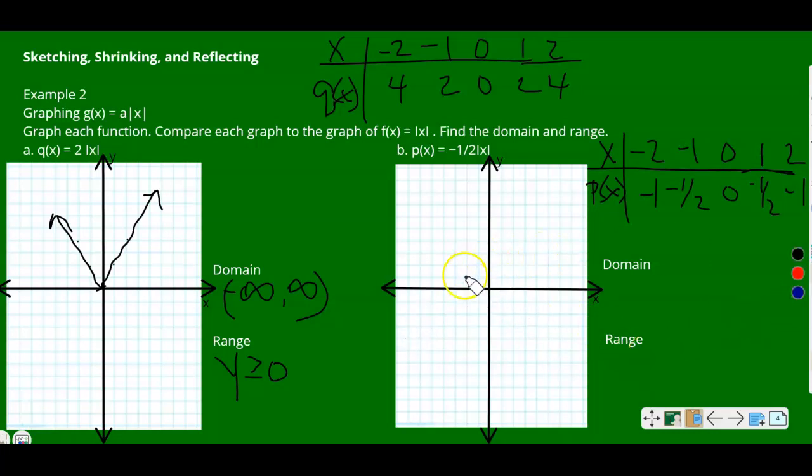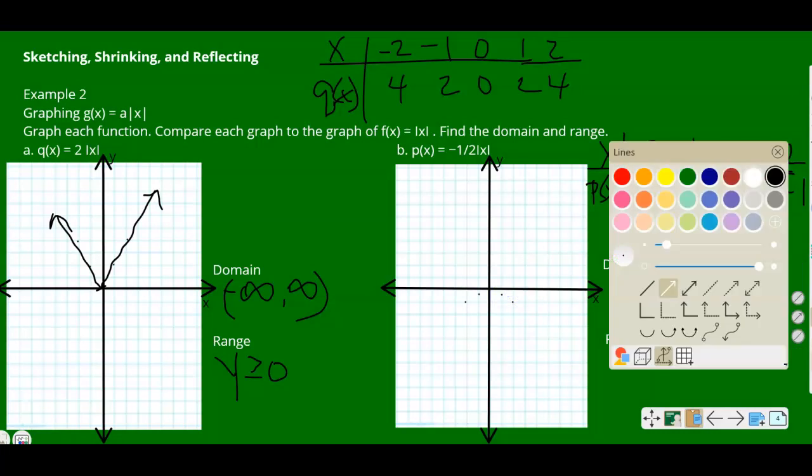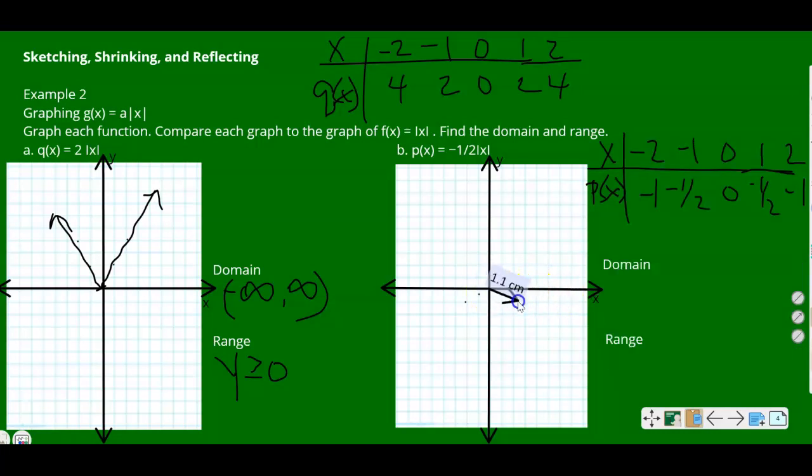All right, I lost my points here. Negative 2, negative 1. All right, let's see if I use this, if I can do any better. Let's go here. Oh, yeah, that looks better already. All right, so let's go here. And now let's draw a second line. There we go. That looks much better.